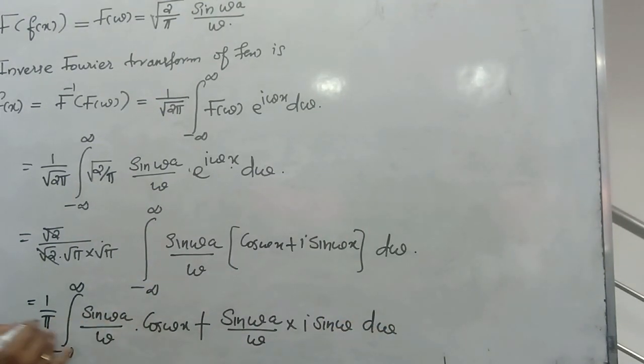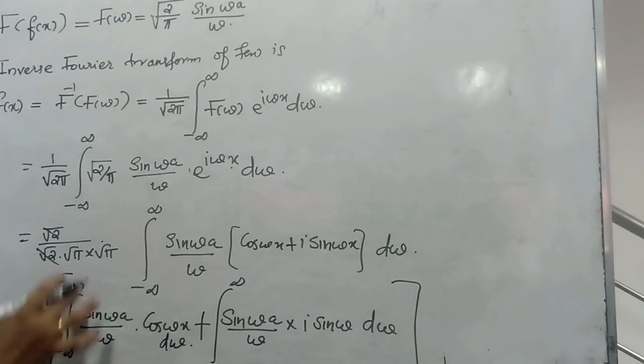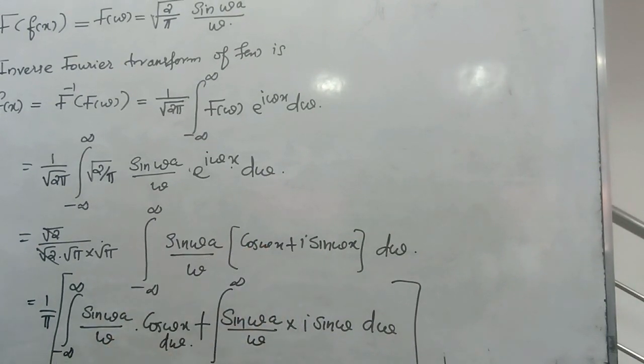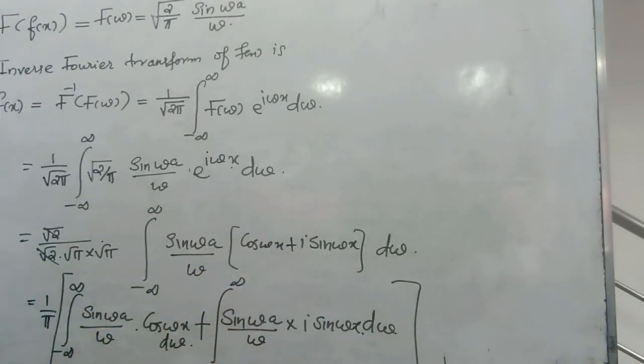Here we can split the integral also. So first term, integral from minus infinity to infinity sin omega a by omega cos omega x d omega, and second term, sin omega a by omega into i sin omega x d omega.